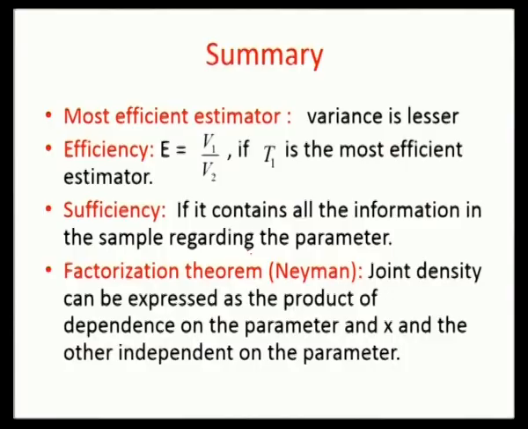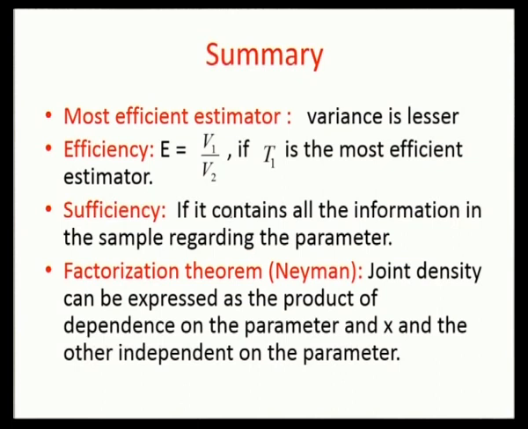In today's class, we have discussed what is called the most efficient estimator. The most efficient estimator is the one whose variance is less than that of any other estimator. Next, we have discussed the concept of efficiency, where efficiency is defined as V1 by V2, okay, where V1 and V2 are the variances of the estimators, and V1 by V2 can happen only if T1 is the most efficient estimator.